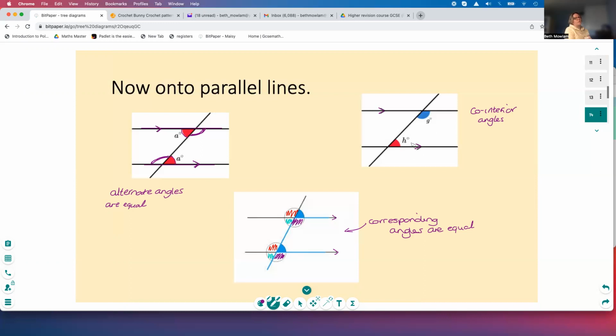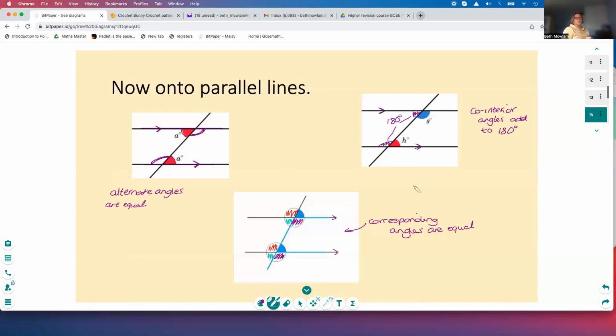Co-interior angles are not equal to each other, but co-interior angles always add to make 180 degrees. So if they're on the same side of the line, both inside the parallel lines, they are co-interior, and they add to make 180 degrees. The co-interior angles could have been this one and this one. So these two would add to make 180 degrees.